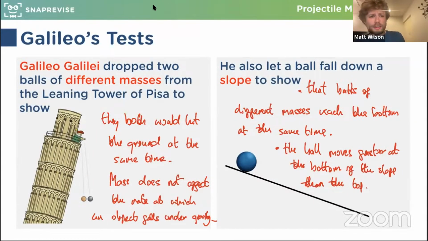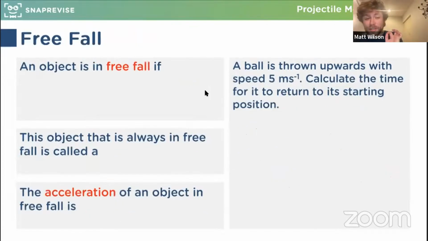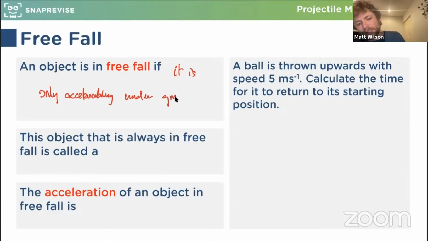So this is all we need to know about projectile motion, well, free fall intuitively. And so now we're ready for the actual definition. So we say that an object is in free fall if it is only accelerating under gravity.